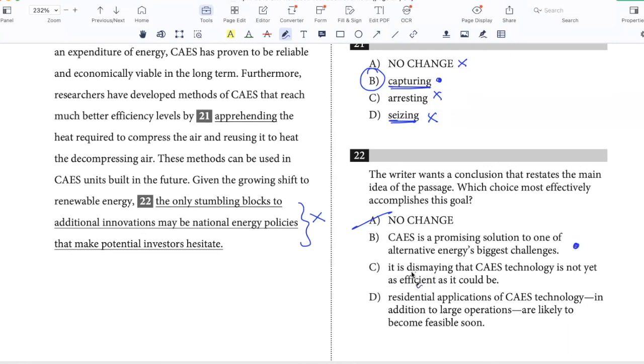No, this is too negative, and this is not the focus of the passage. There are ways to improve it, so it's not C. Residential applications of CAES technology, in addition to large operations, are likely to become feasible soon. Okay, so this again is kind of jumping the gun. We are still working on this method. It's not something that's absolutely ready to be fully adopted. So it's not D. The best answer is B. It's a promising solution.